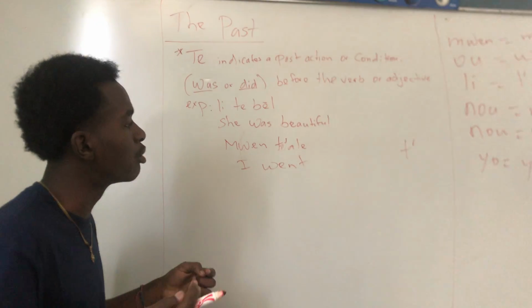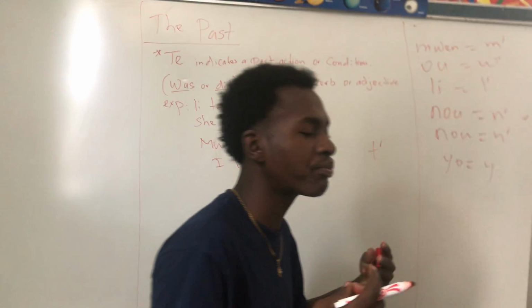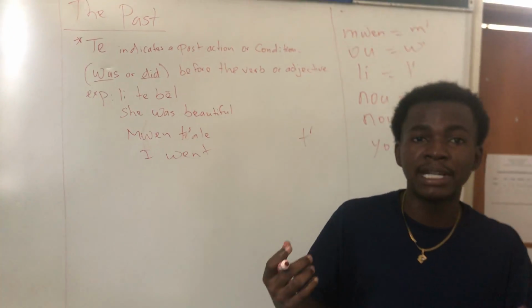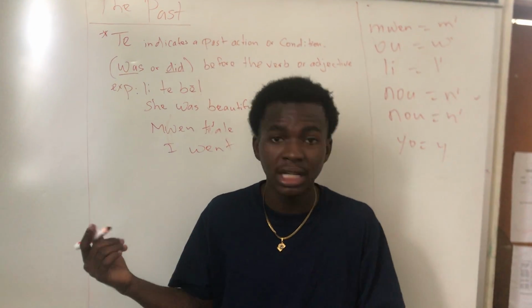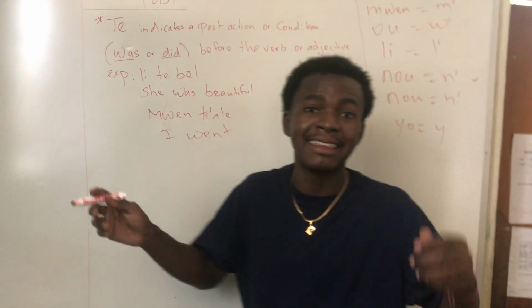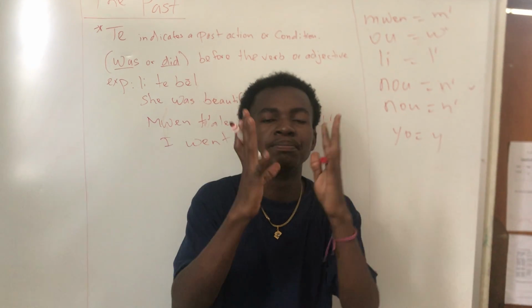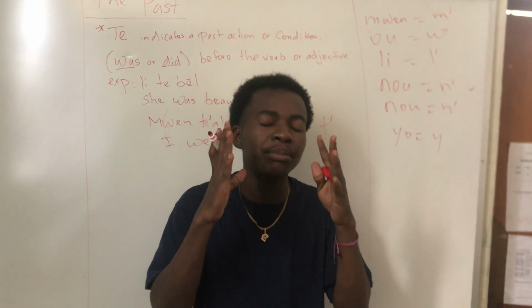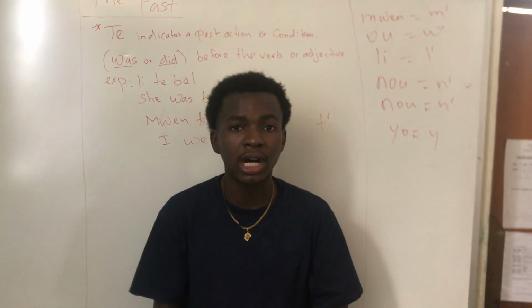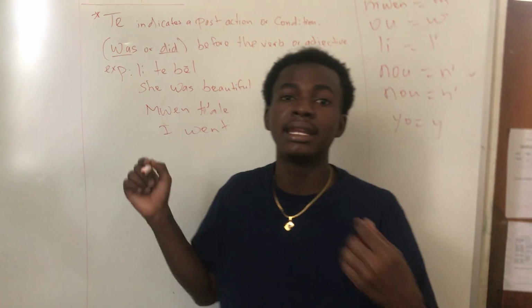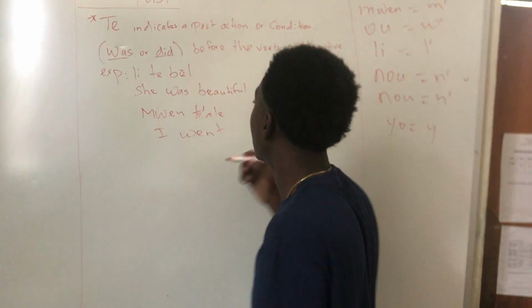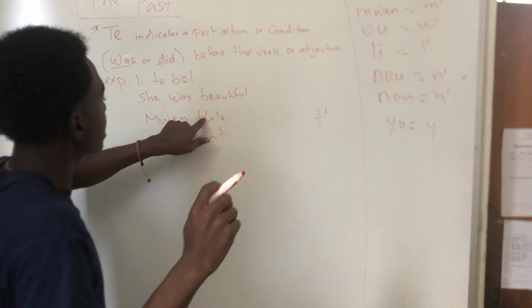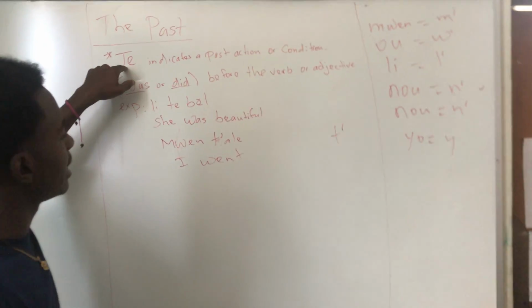That's a rule that is truly respected in French: we put a barrier between the two vowels. Haitian Creole works kind of the same way, and this is the construction of te.